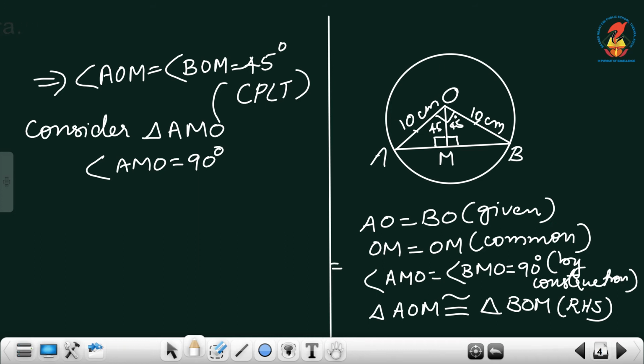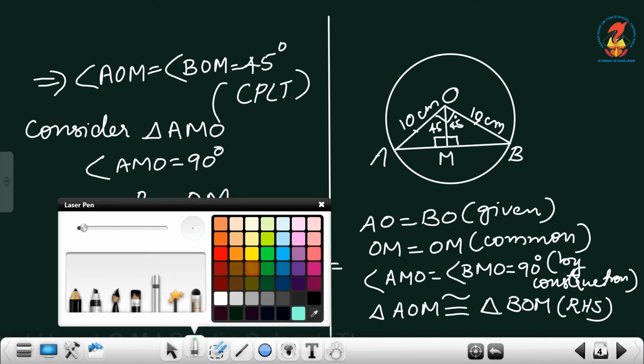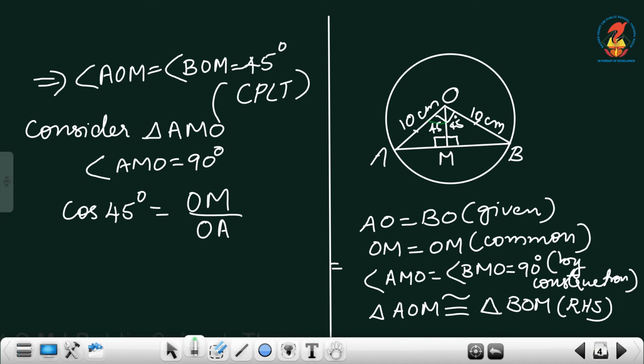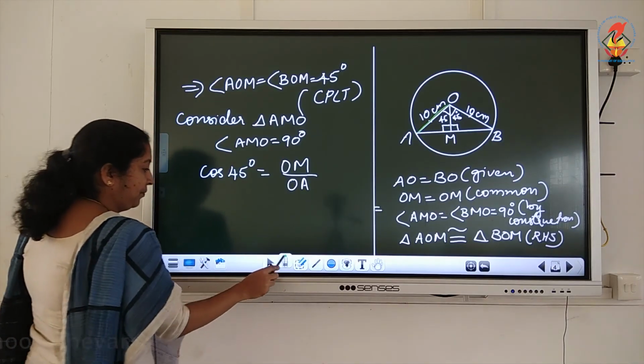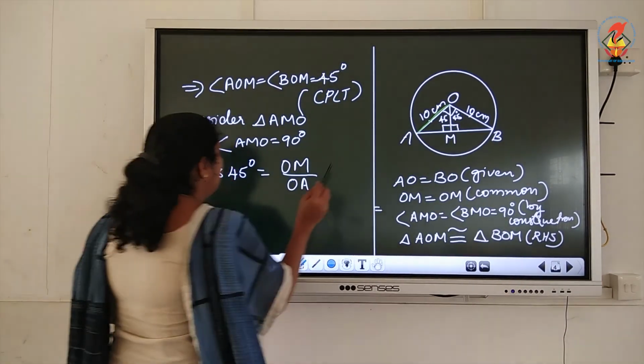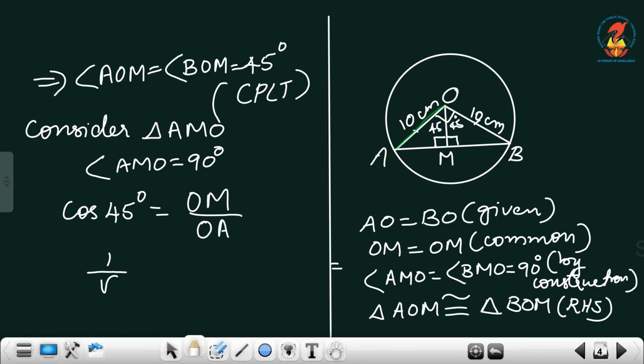So what we can use here is cos 45 degree. Cos 45 degree is OM by OA, cos is adjacent side by hypotenuse. So OM by 10. From this we can find 1 by root 2 is equal to OM by 10.